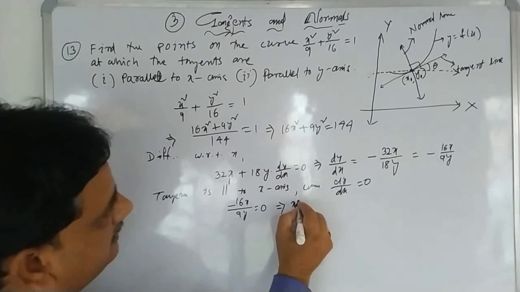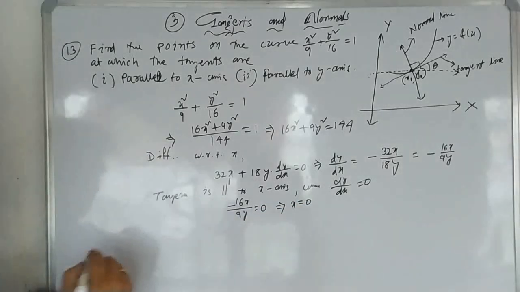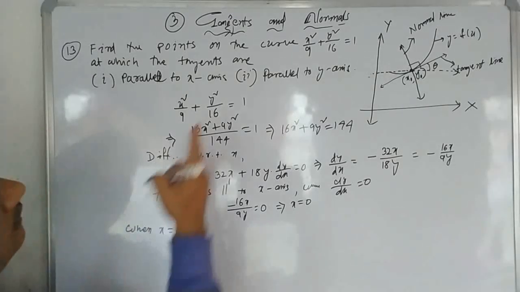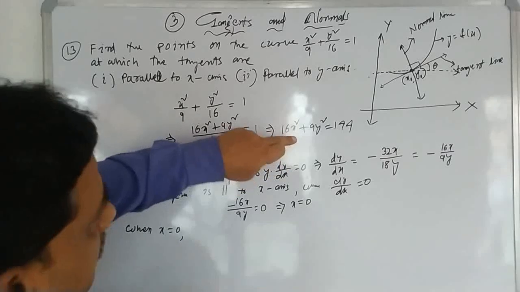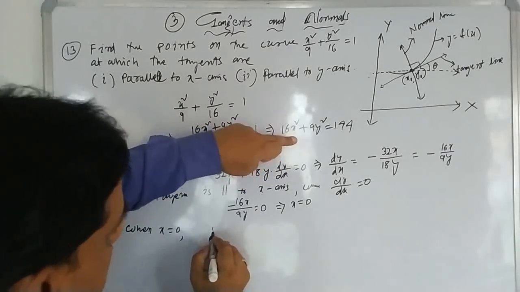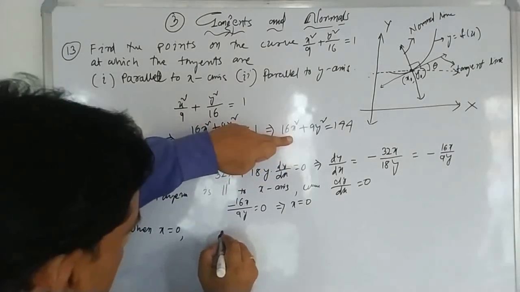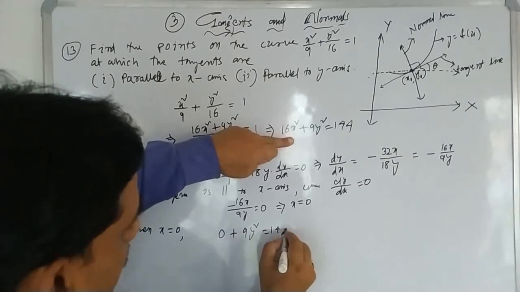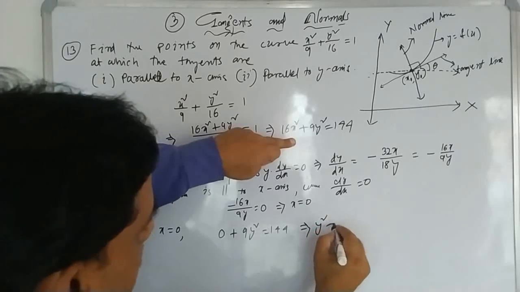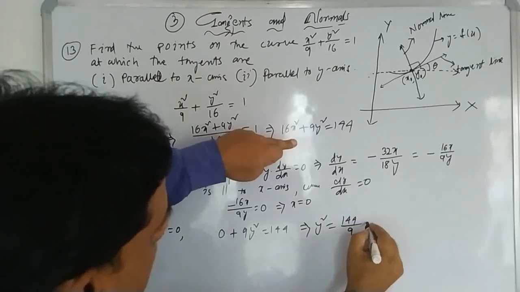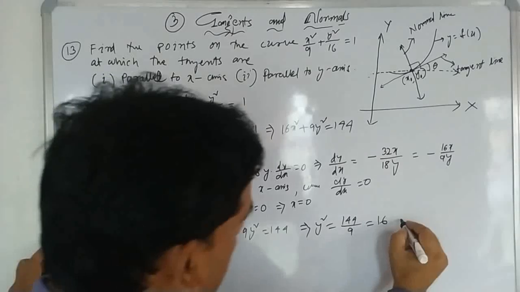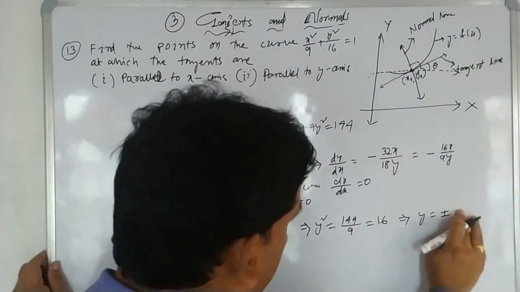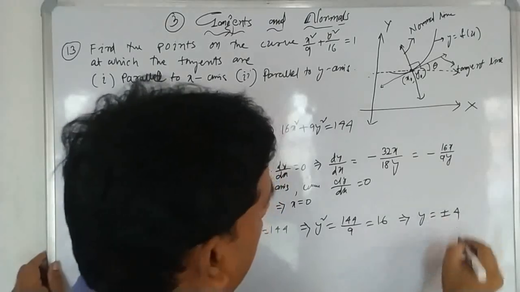This implies x is equal to 0. Now, when x is equal to 0, put the value here: 16x square will become 0. So 0 plus 9y square is equal to 144. This implies y square is equal to 144 by 9, which is 16. So y is equal to plus or minus 4.